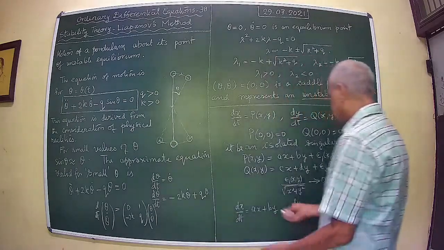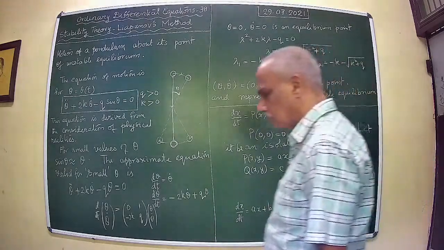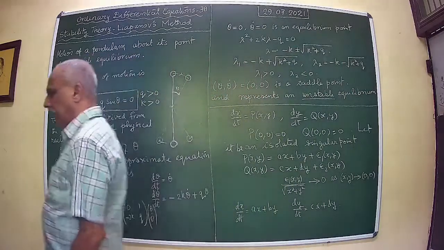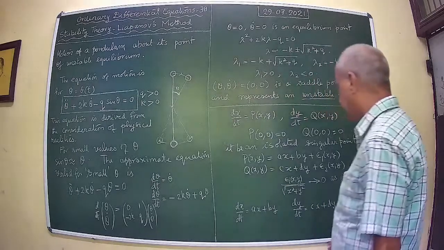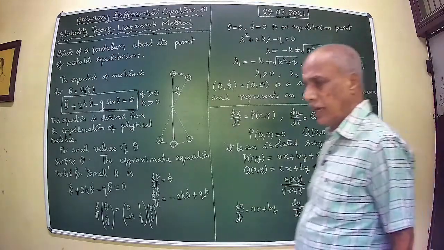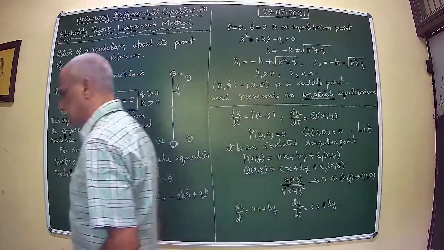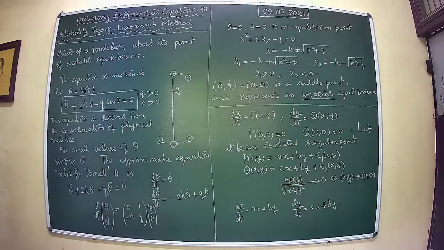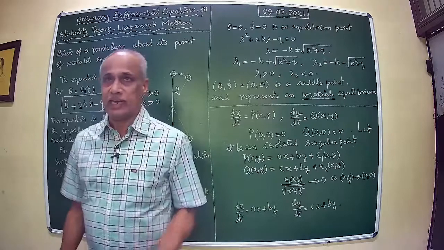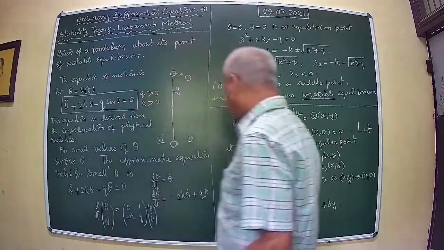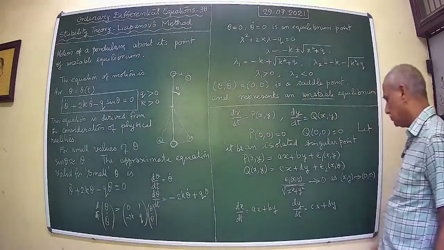Now you see whether for this, of course 0, 0 is an equilibrium point, and for certain approximations, this is going to be again an isolated singular point, and then all our theory applies here for this system.